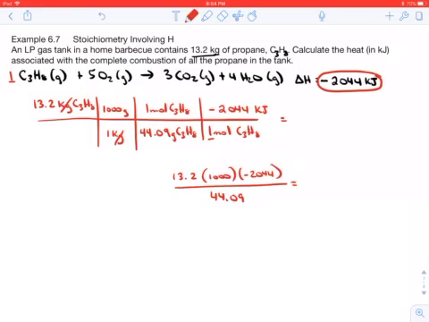And with sig figs, this should come out to be negative 615,000 kilojoules. So that's quite a bit of energy that you're getting from one tank of propane for a barbecue. All right, thanks. See you next time.